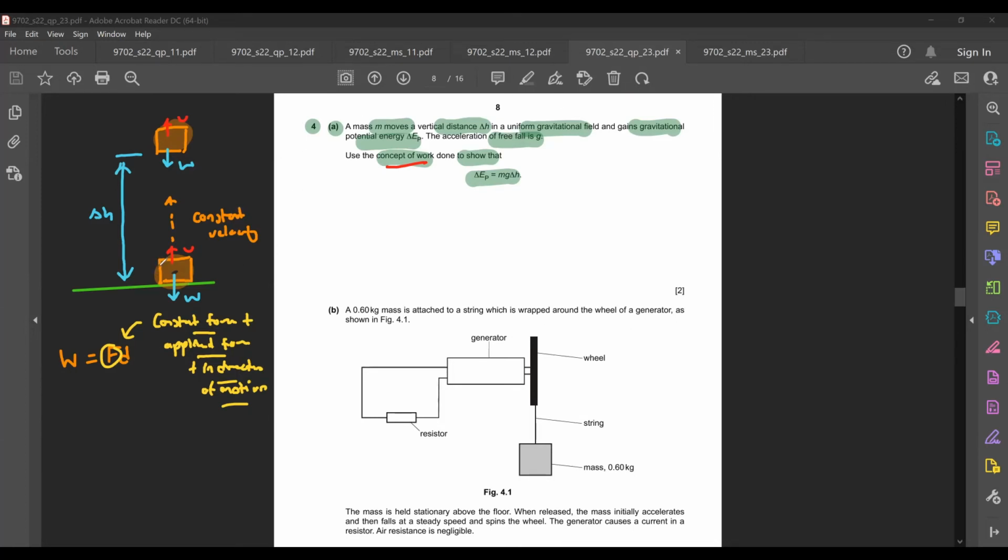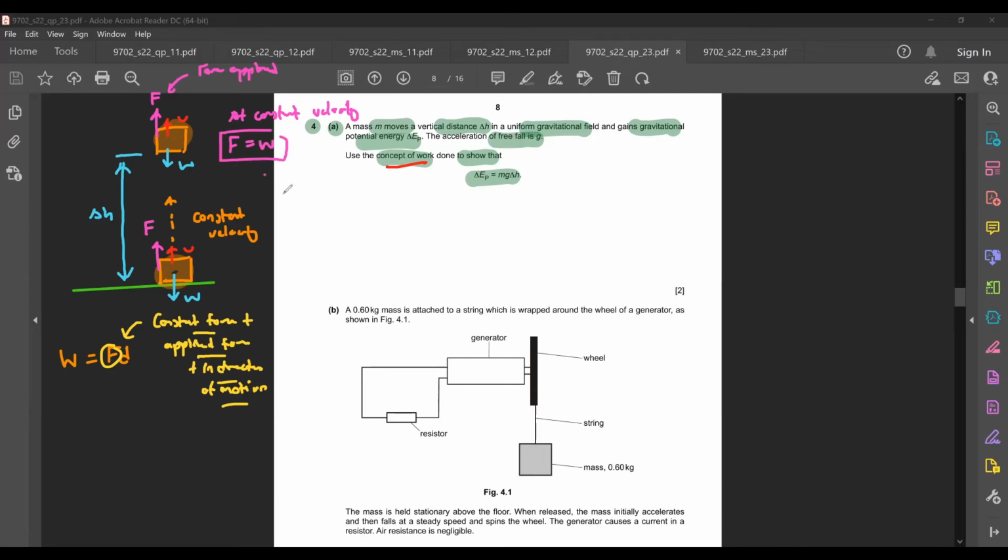So here, let's just call this F your force applied. So your F, when you move your object up at constant velocity, F must be equal to W here.